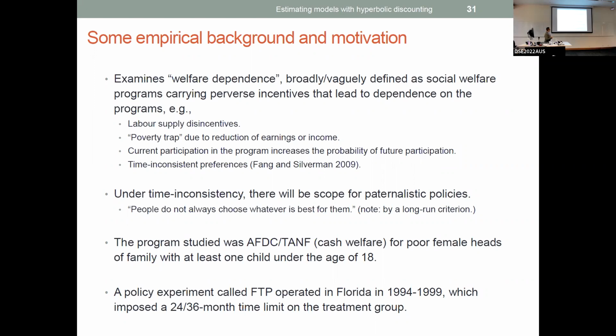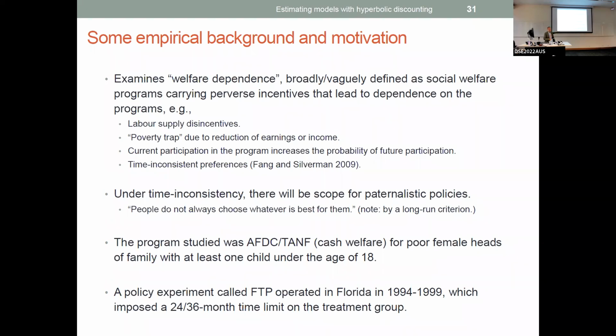Time-inconsistent preferences are one plausible mechanism for this. And under time inconsistency, there will be scope for so-called paternalistic policies. The reason is that when present-biased people make choices, they don't necessarily choose whatever is best for them in the long run. So the benchmark would be evaluating welfare via a long-run criterion, which is consistent with the long-run value function, the VT.